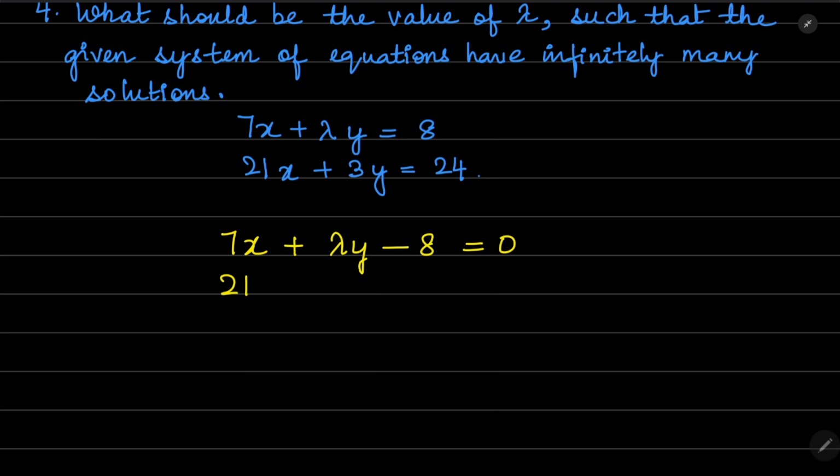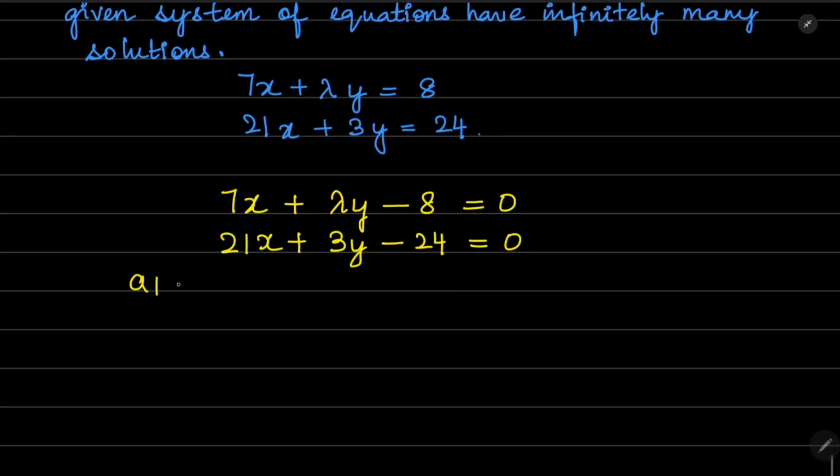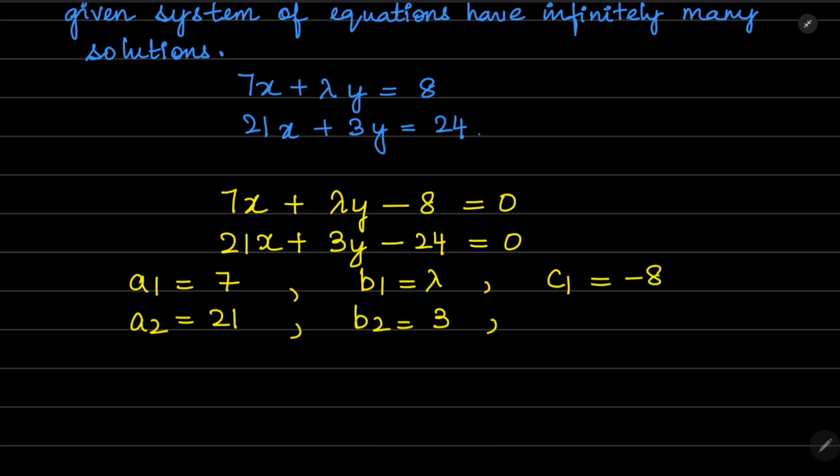The second linear equation is 21x plus 3y minus 24 equal to 0. What are a1 and a2 here? a1 is 7, a2 is 21, the coefficients of x in both. b1 is lambda, b2 is 3, the coefficients of y in the first and second equation. c1 is minus 8, c2 is minus 24.